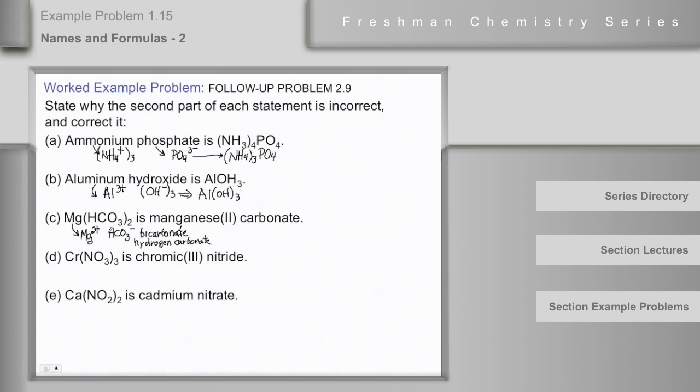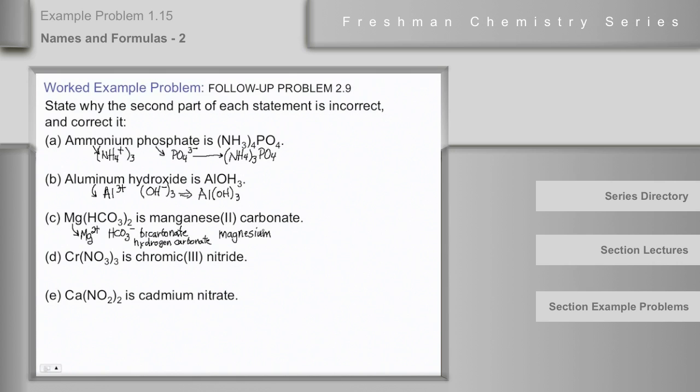So the correct name for MgHCO3 taken twice will be magnesium, and we don't need a stock number since magnesium has only 1 ion that's stable.